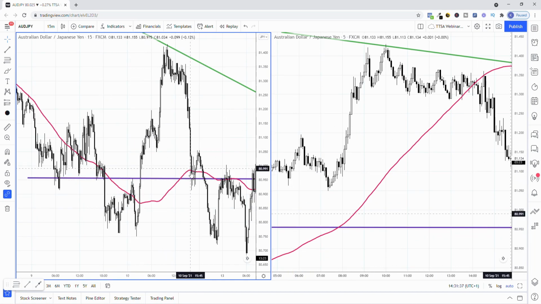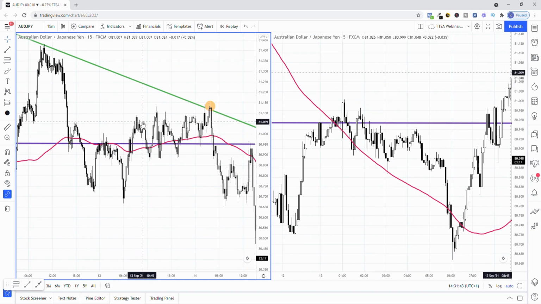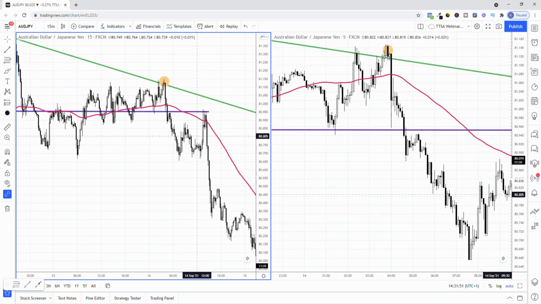We got a breakthrough, then a bounce off it, then another bounce off it coming back down. Then we have some congestion around that area, but then a bounce off it, a breakdown, and then coming back up and bouncing off it.